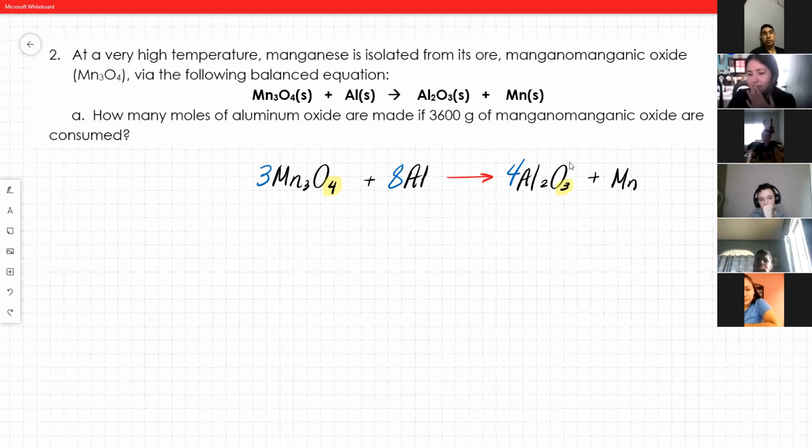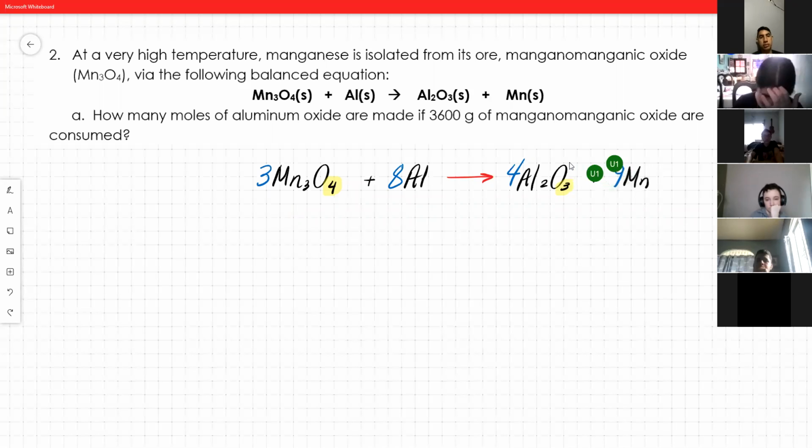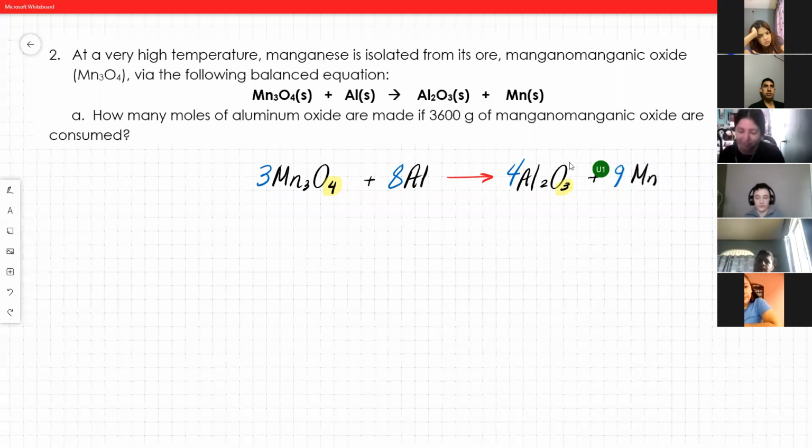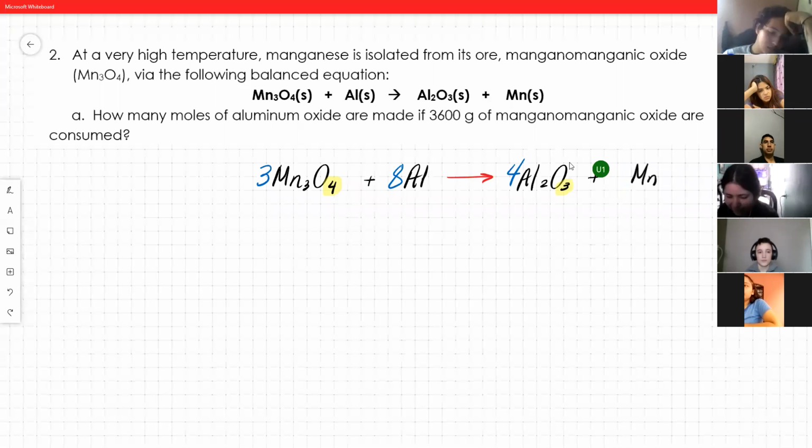Because you need 9 manganese, the number you're going to put here is 9. Like this. And with this, your equation is already balanced. Now, if you want to do the whole process from the beginning, you can do it. I don't have any issue with that.